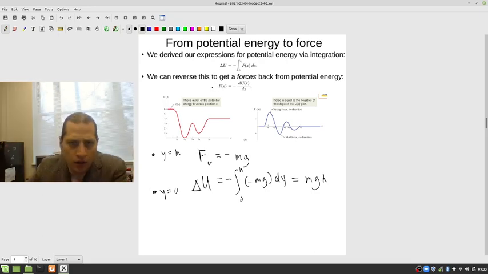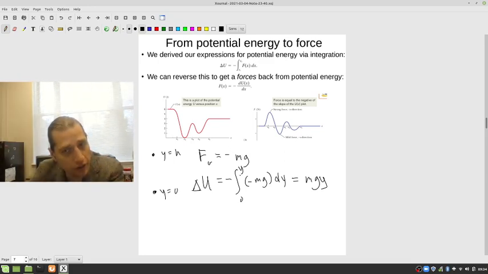Now, for the purposes of this, let's say that I'm integrating from 0 to y, so I would get mgy. All right, now let's say that you wanted to get back out what your force is. Well, the opposite of an integral is a derivative. So if you wanted to go from this idea of potential energy back to a force, how would you do it?